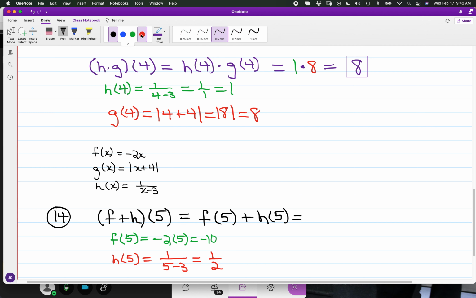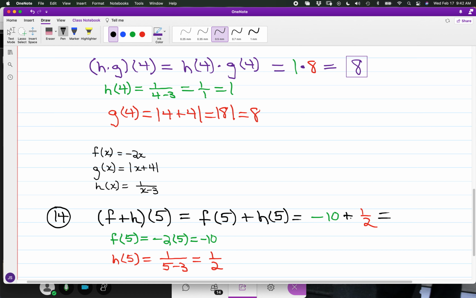So in the sum of f of 5 and h of 5, f of 5 is negative 10, plus h of 5, which is 1/2. What we will have here is a non-integer total.